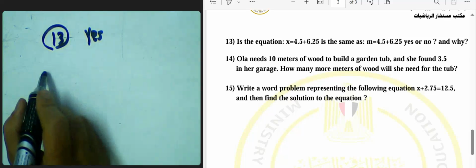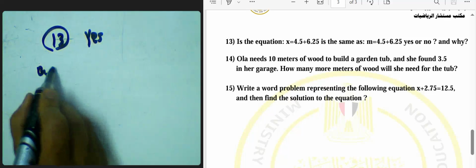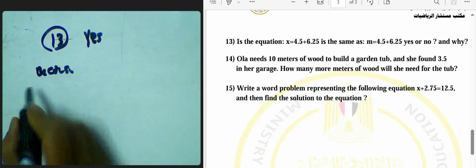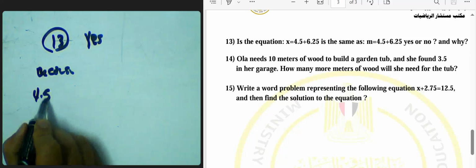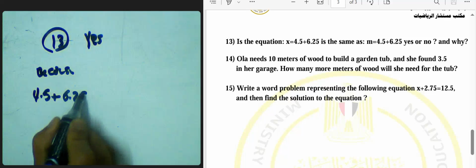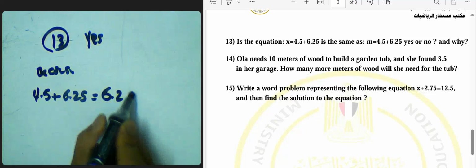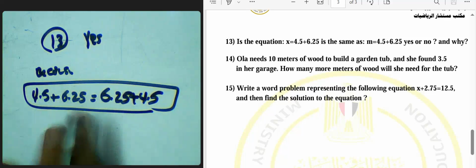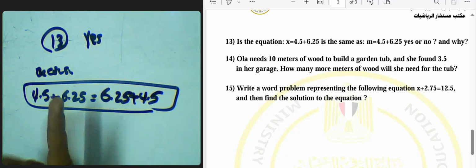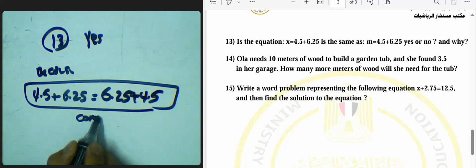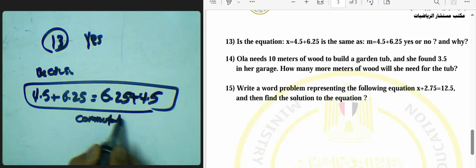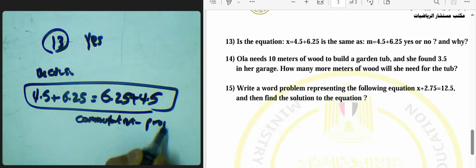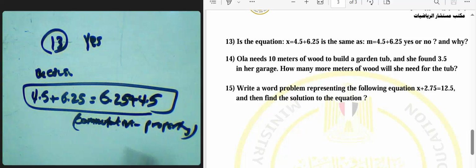Because we can write here, ممكن تقول له بقى إن 4.5 plus 6.25 will be equal 6.25 plus 4.5. We used here using what properties? The commutative property.